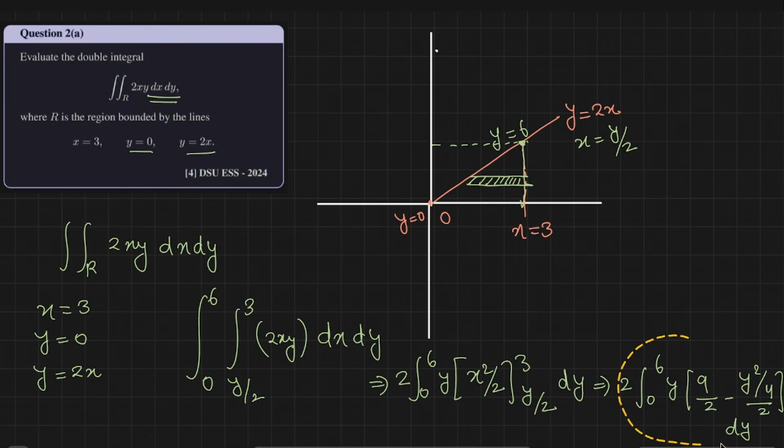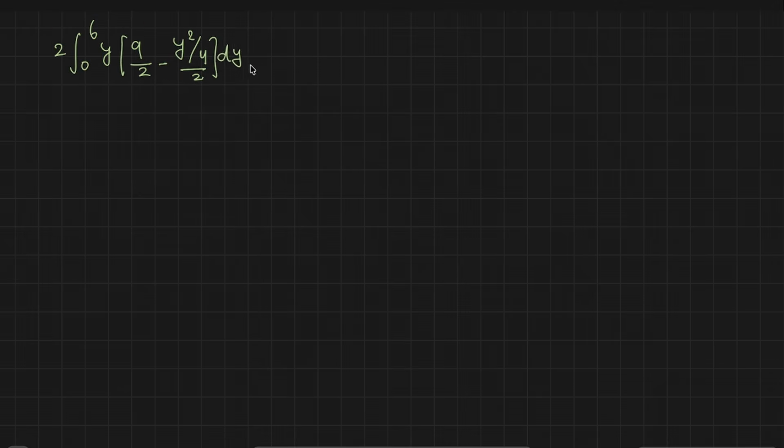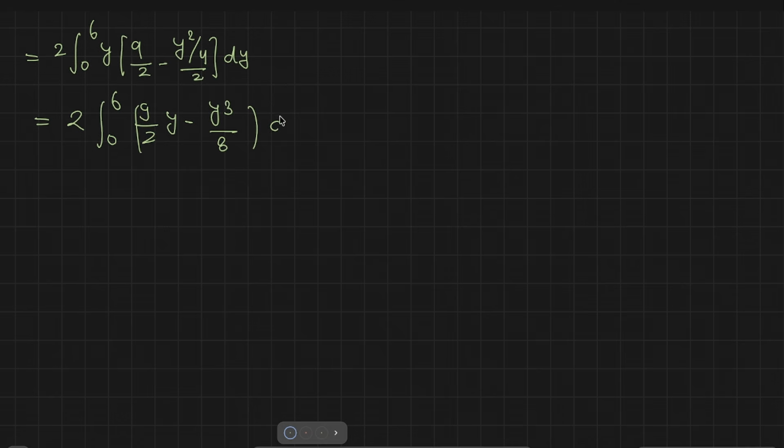Now you have to solve this integral. This is my integral basically. From here I will solve it. So 2 outside, 0 to 6. After solving, this is 9 by 2 into y, minus y cube upon 8, and dy.